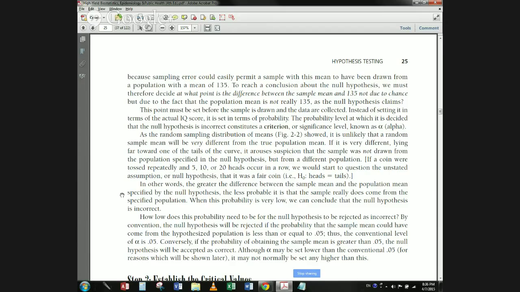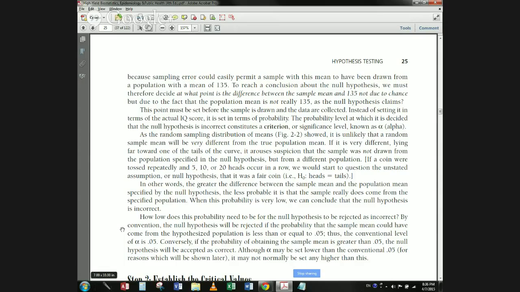In other words, the greater the difference between the sample mean and the population mean specified by the null hypothesis, the less probable it is that the sample really does come from the specified population. When this probability is very low, we can conclude that the null hypothesis is incorrect. How low does this probability need to be for the null hypothesis to be rejected as incorrect?